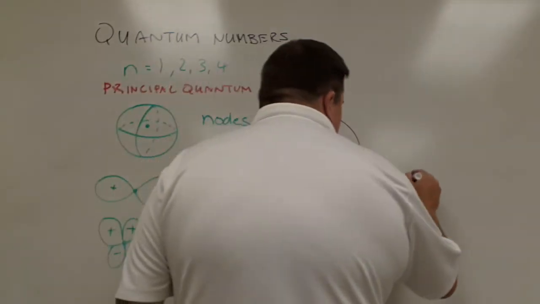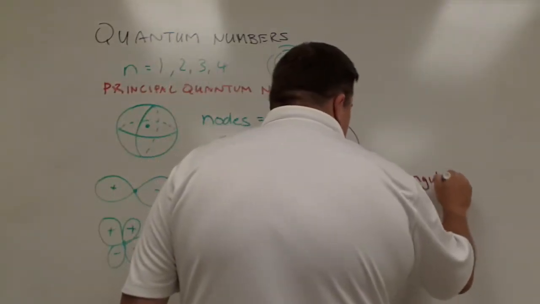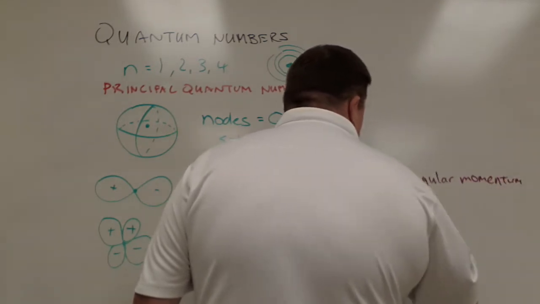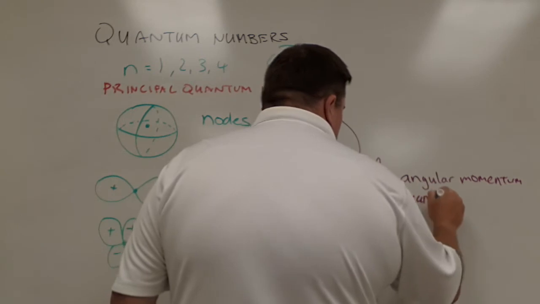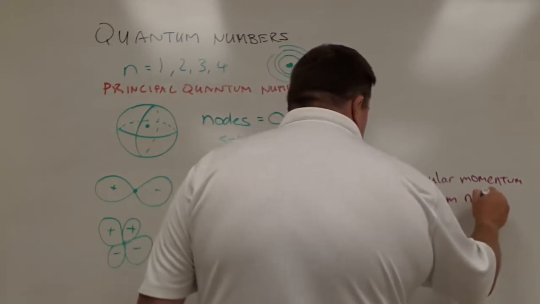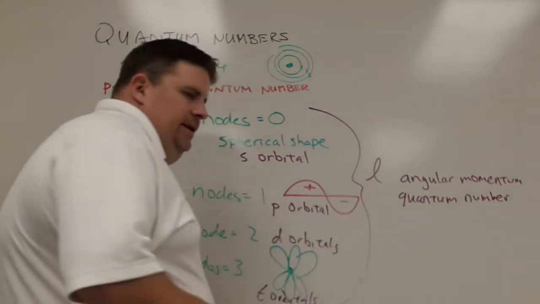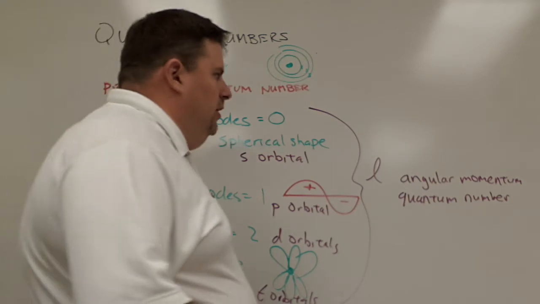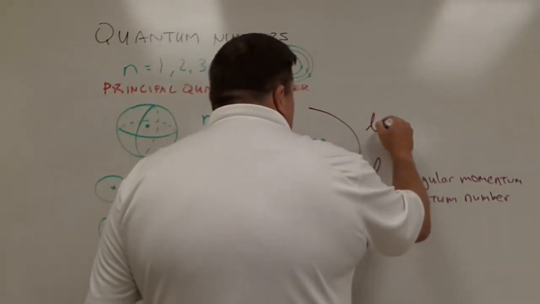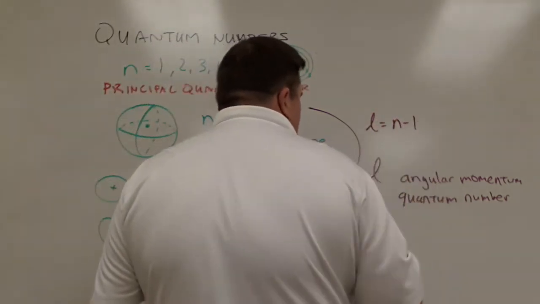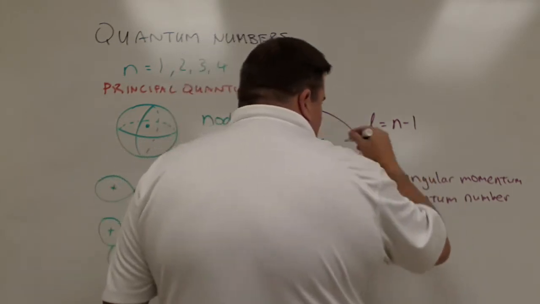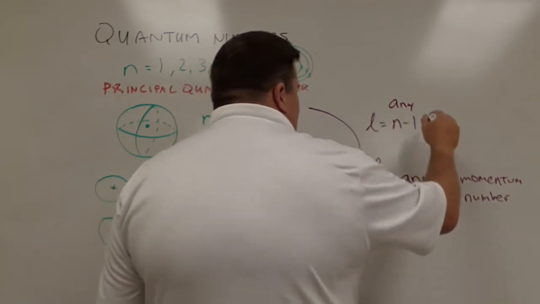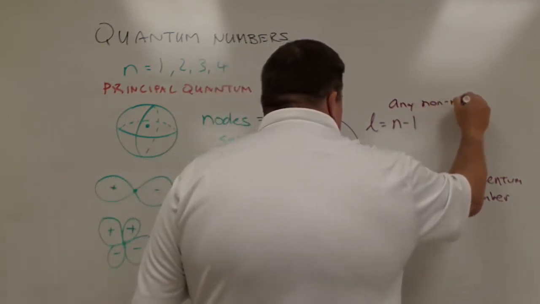And this is the angular momentum quantum number. All right? And this means that I can have a value of L that's equal to n minus 1. Okay? And this can be any positive integer. Or any, let me put it this way, any non-negative integer. That's a better way of putting it.